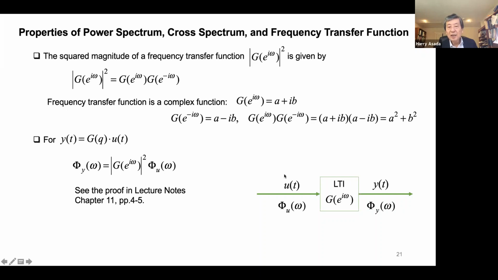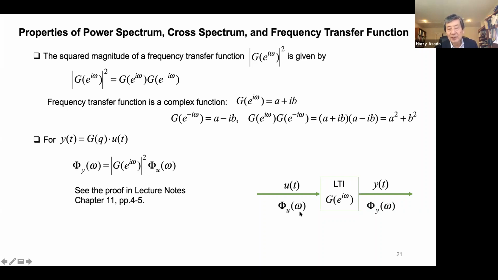And then the last one is this. Suppose UT is going through some linear time invariant system characterized by the frequency transfer function G of e to the i omega. The output YT's power spectrum, phi y omega, is given by this expression: the squared magnitude of the frequency transfer function times the power spectrum of the input.